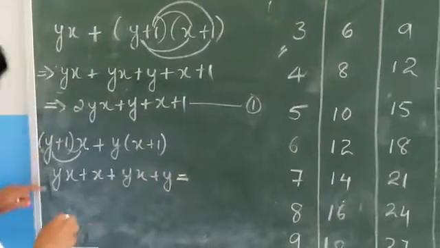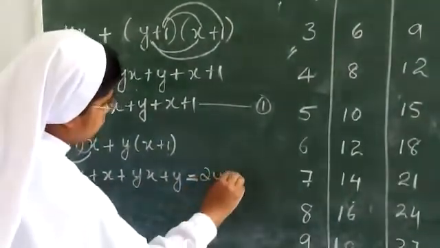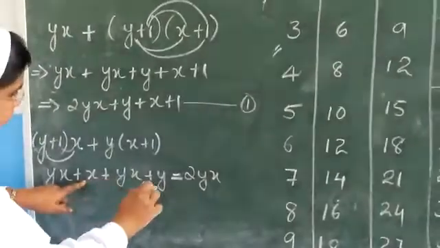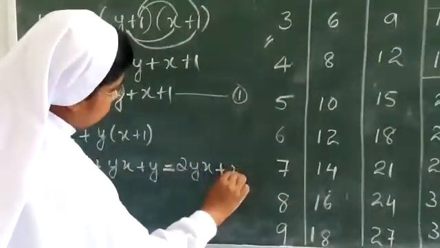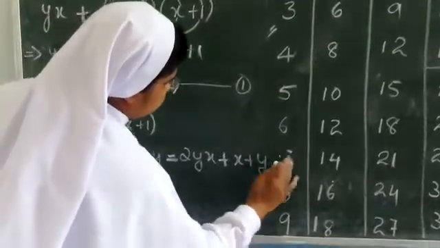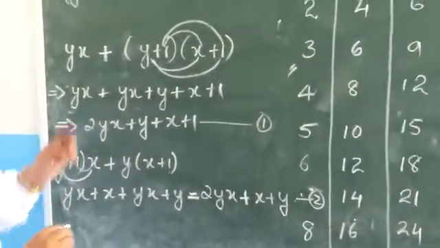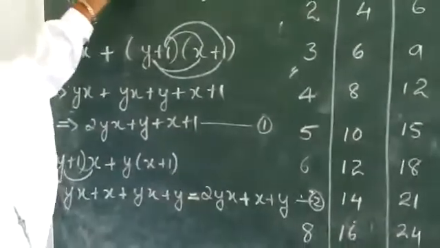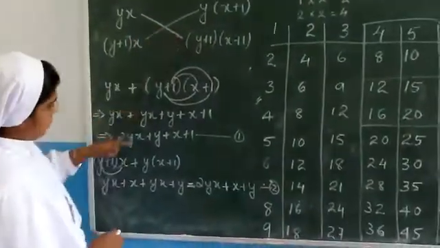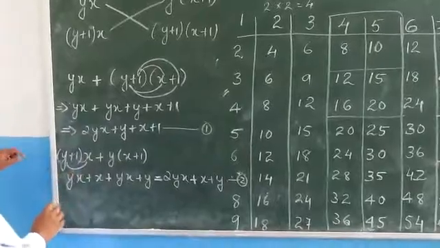So adding this, what will we get? yx plus yx, 2yx. Then x is there, y is there, x plus y. This is the second one. Okay. Now what we have to do? We added the diagonals. Now we have to find out the difference.